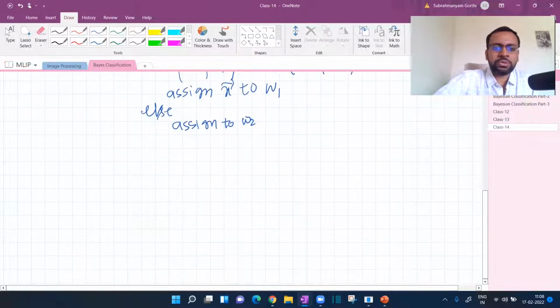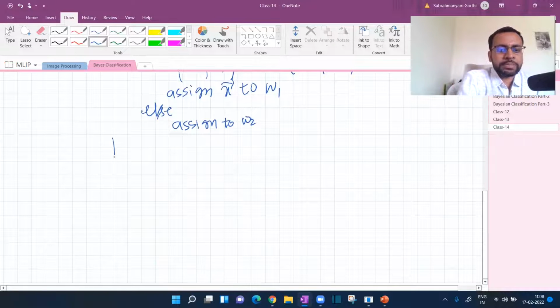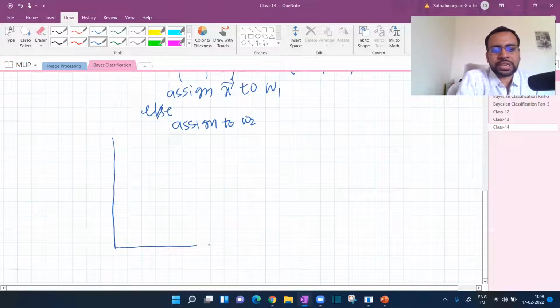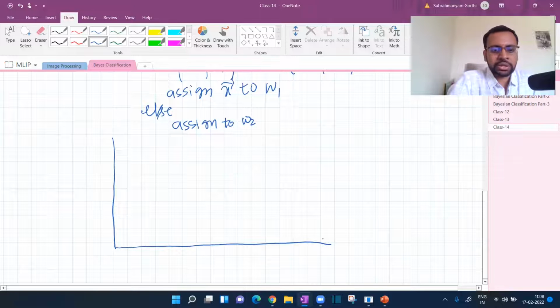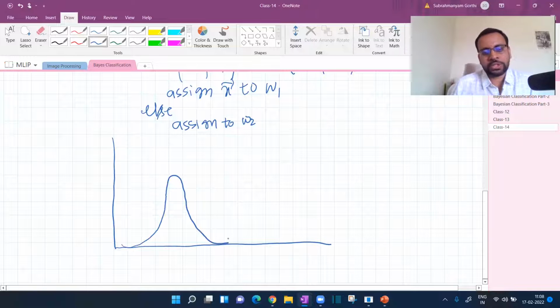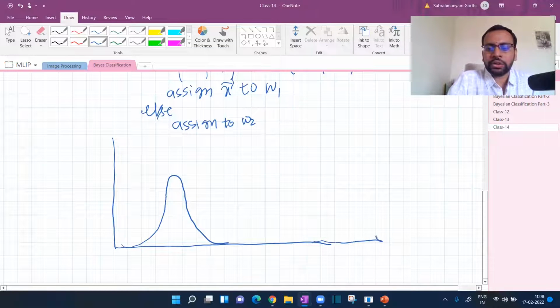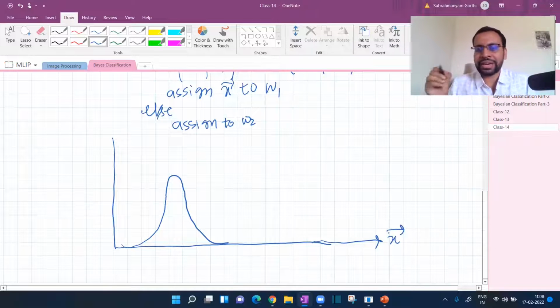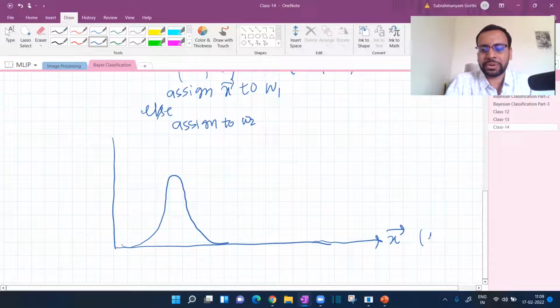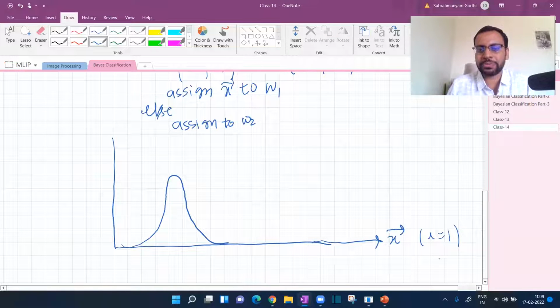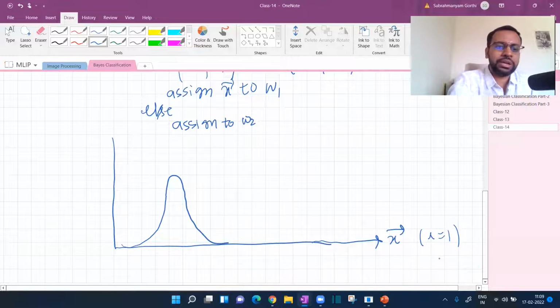We also plotted this, assuming the distributions are Gaussian. Assume this is one distribution, here on your x-axis. I'm plotting just one line, which means L equals 1: it's unidimensional, and your feature vector has just one component.